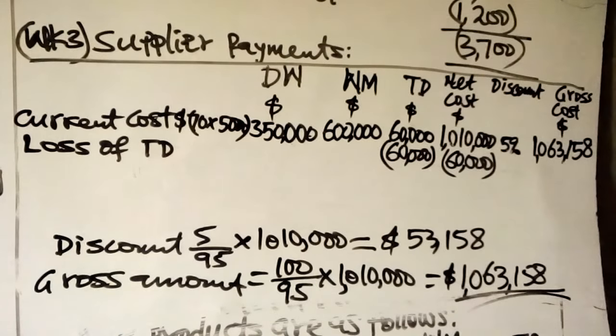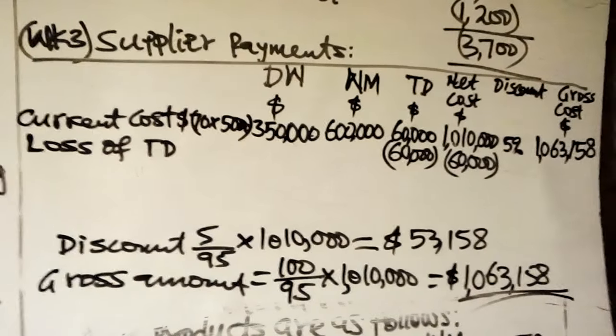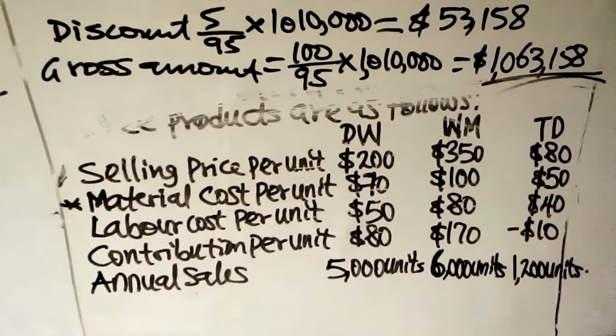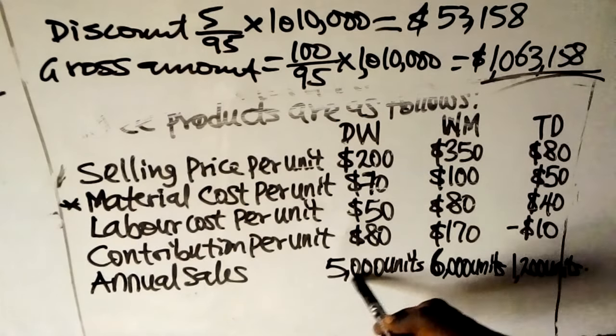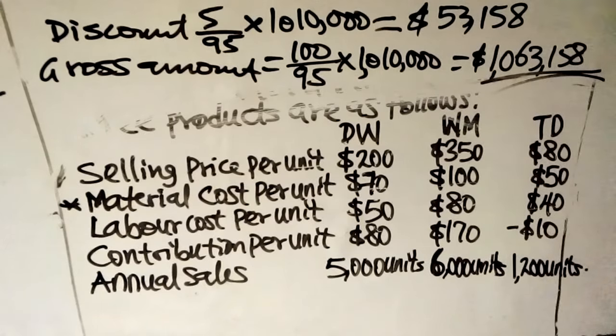Then 5% of DW, 5% of 5,000 units, the materials that will be lost. Please take note of how I calculate it. 5% of this 5,000 will be lost.